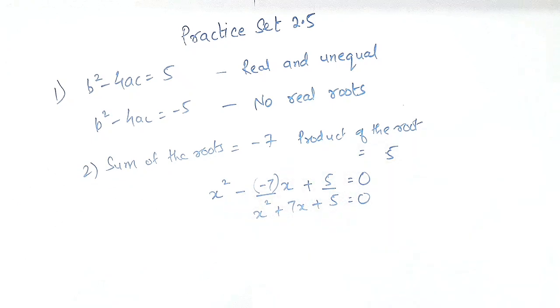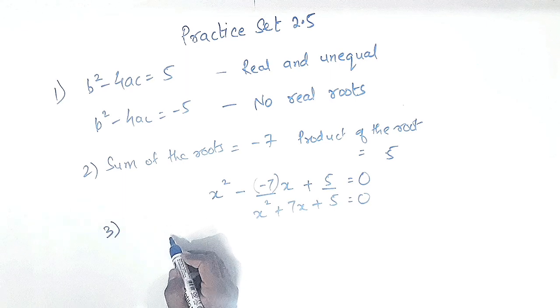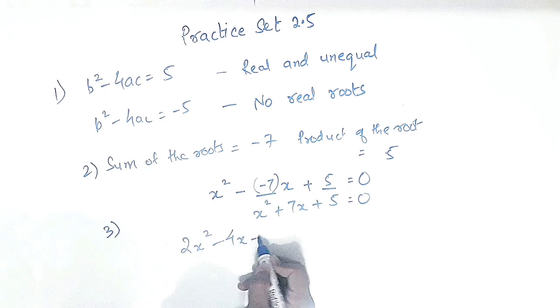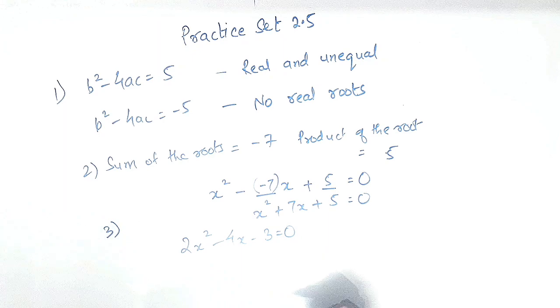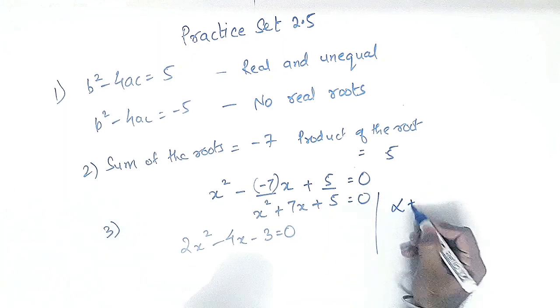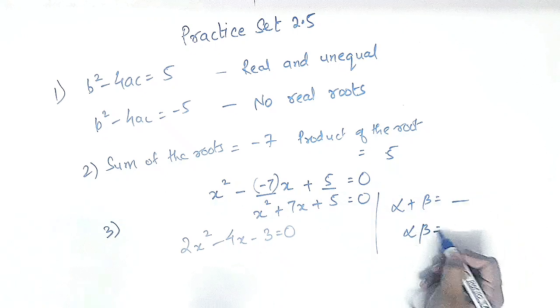Then coming to the third one: alpha and beta are the roots of the following quadratic equation, 2x square minus 4x minus 3 equals 0. They have asked what alpha plus beta equals and what alpha into beta equals.